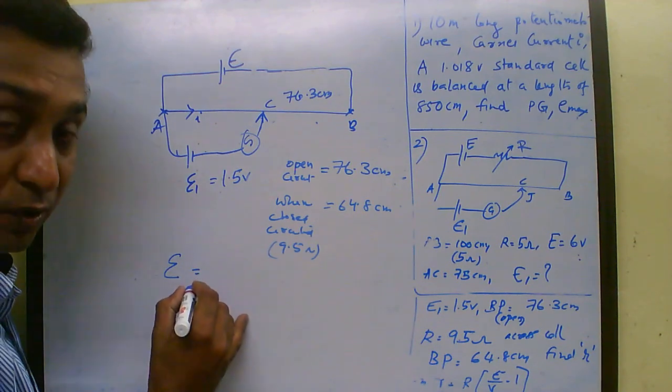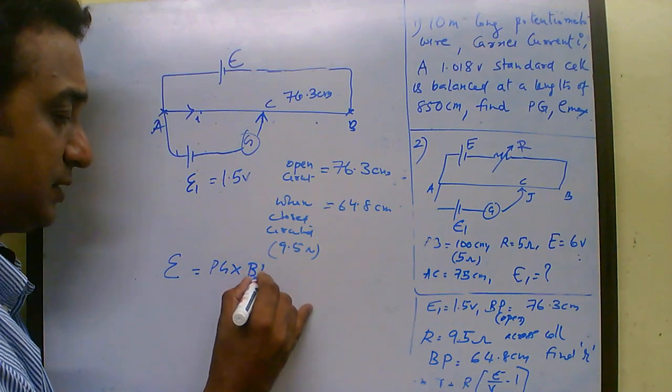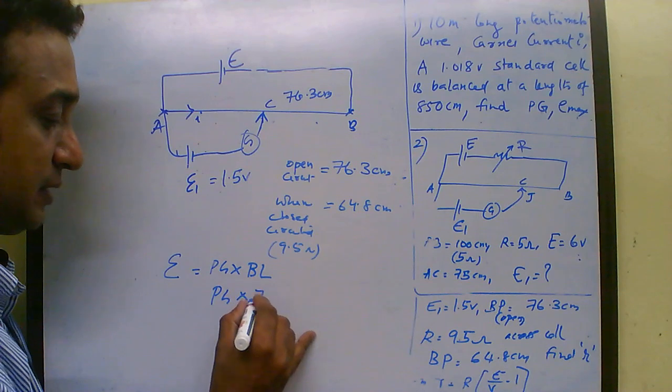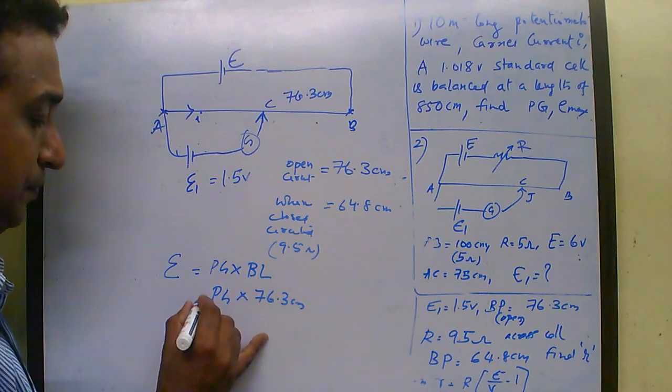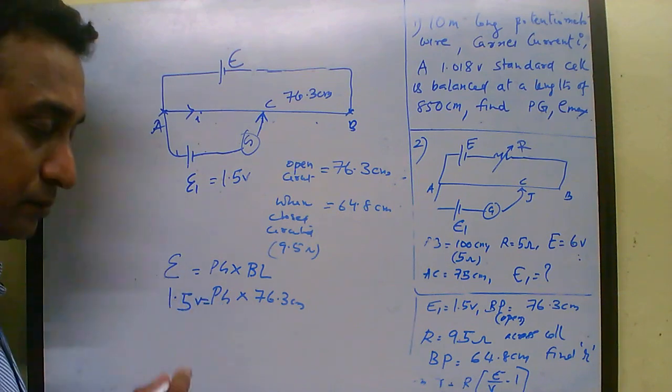So we already know EMF is equal to potential gradient multiplied by the balancing length.